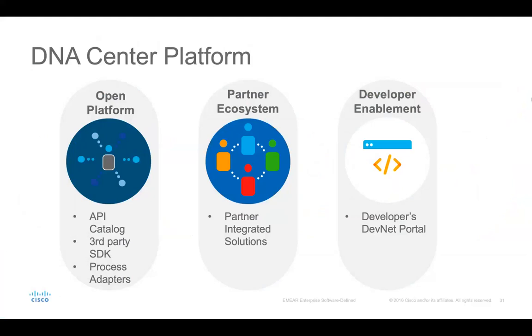Let me go back to ServiceNow real quick because this is an interesting use case. Let's say on your network you have a device that has a bad power supply. DNA Center can be notified of that, and through these APIs and third-party integrations, we can then, through ServiceNow, create a trouble ticket.